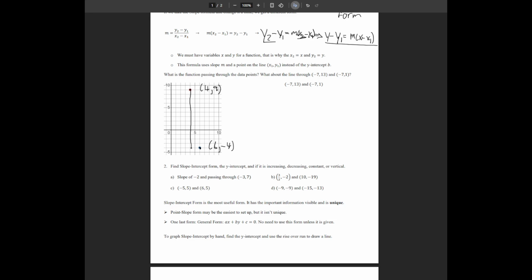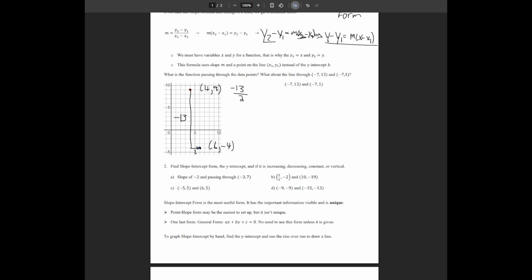In this case, we go down from 9 to negative 4. That should be 13 units. So my rise is negative 13. My run, so how far to the right or left am I going? I'm going to the right 2 units. So my slope should be negative 13 over 2.